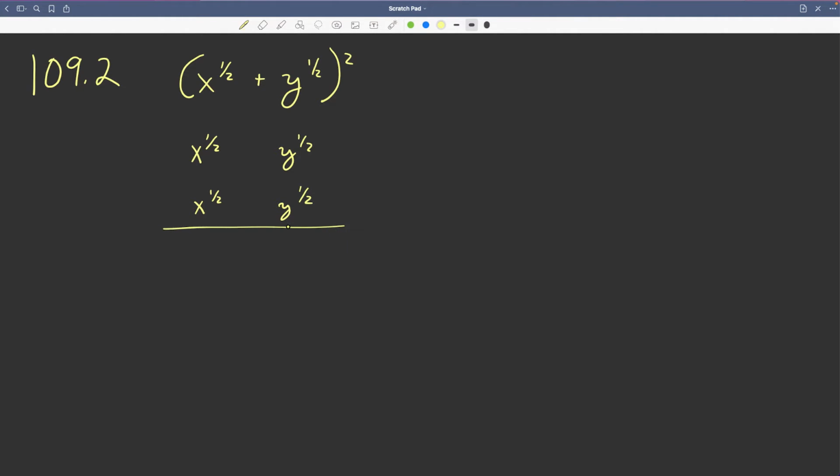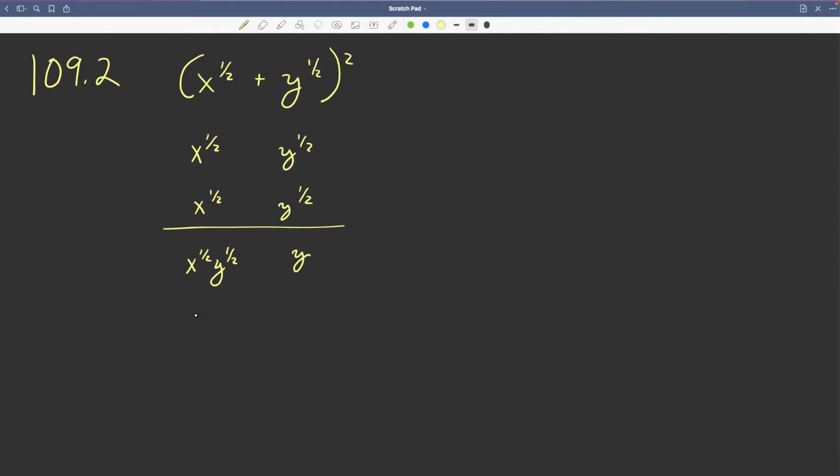So what happens when we multiply two variables? What happens to the exponents? We add them together. So 1/2 and 1/2 is 1. So y to the 1. Okay. Same thing here. We have y to the 1/2, x to the 1/2. They're not like variables, so we just write them as products to one another or as factors to one another.